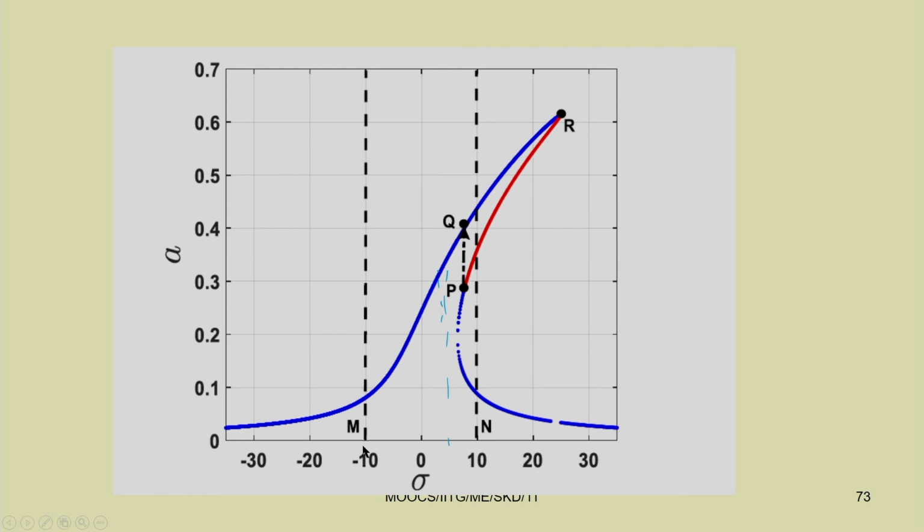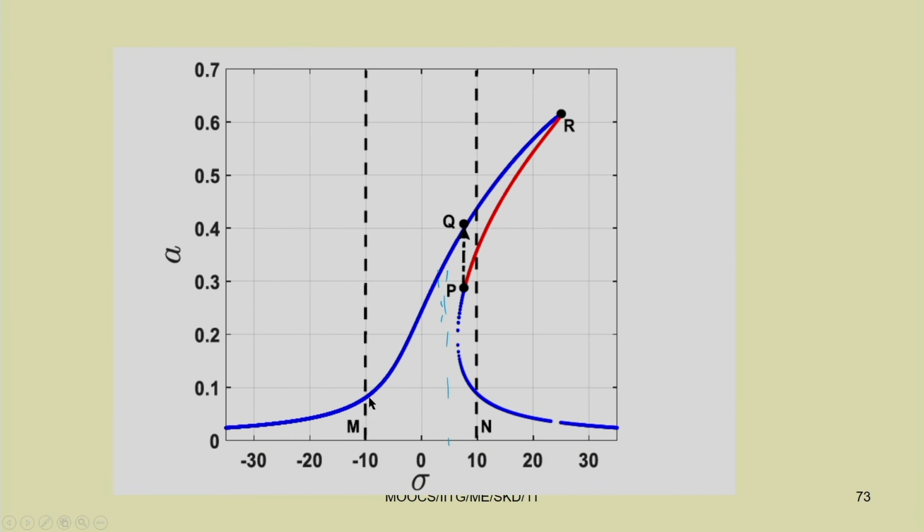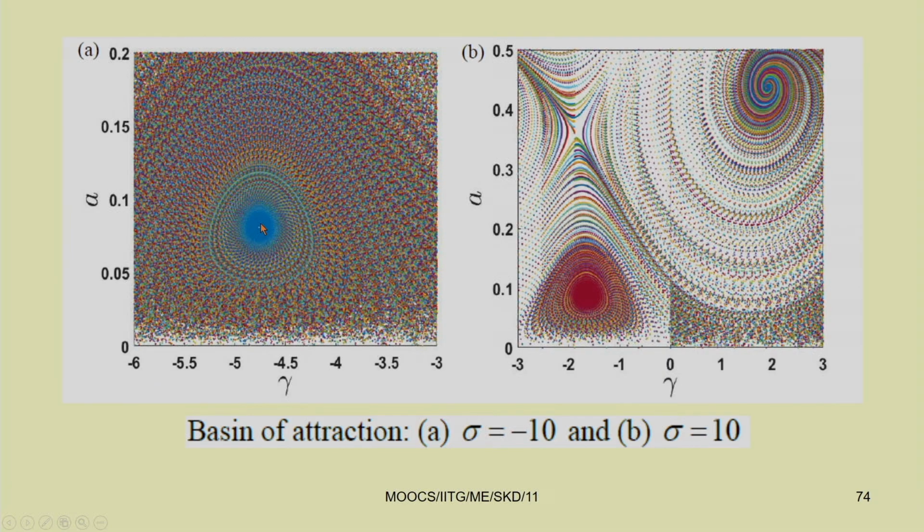For example, if you take this minus 10, and take different initial conditions and plot this A versus gamma, you can see clearly this is a stable point, a stable value of response amplitude, less than 0.1, which you are clearly seeing from the basin of attraction.